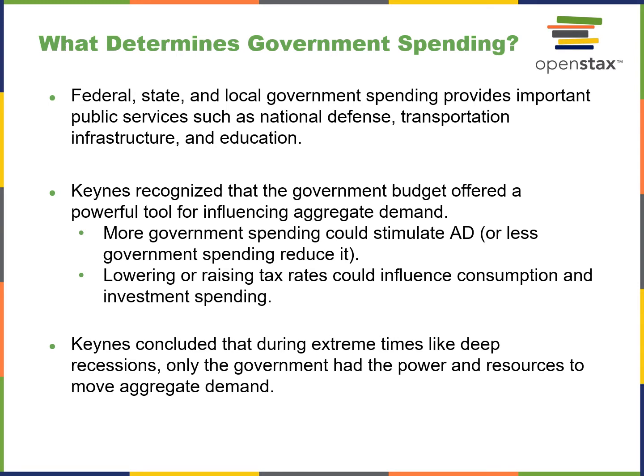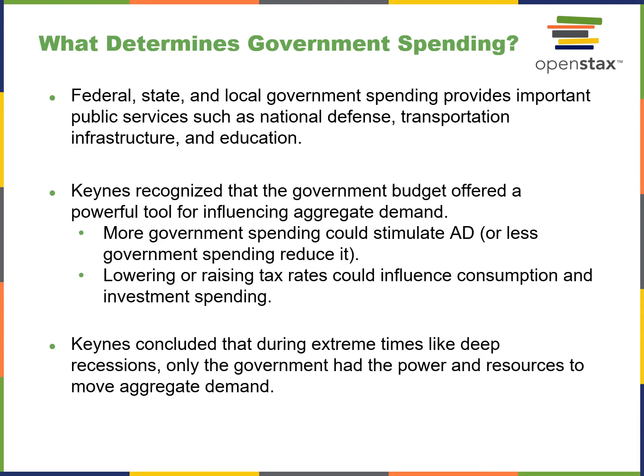The determinants of government spending: federal, state, and local governments spend money on public services such as national defense, transportation, infrastructure, and education. National defense is probably a bit more at the federal level. Keynes recognized that the government budget offered a powerful tool for influencing aggregate demand.